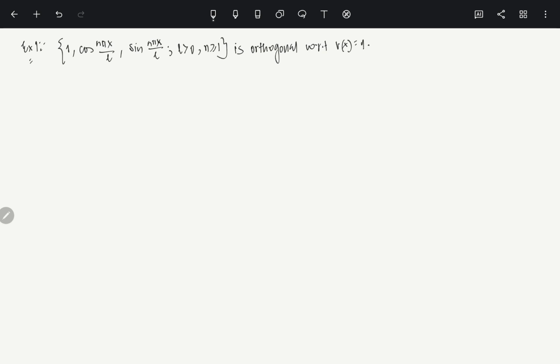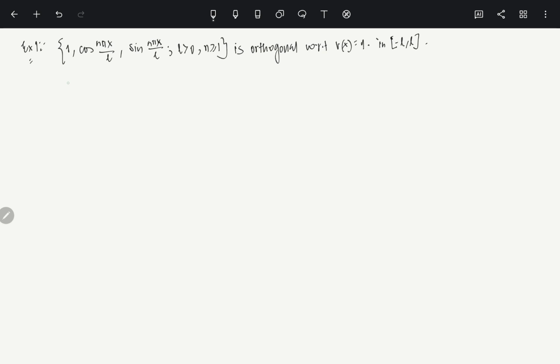Yes, and we have seen that these are the eigenfunctions, and we know from that theorem which we did in the earlier class also that those eigenfunctions are going to be orthogonal. So you have this set which is orthogonal. You can do that. Clear? So this is orthogonal in minus L to L. So we did it for minus pi to pi, but for minus L to L, this is what you are going to deal with.